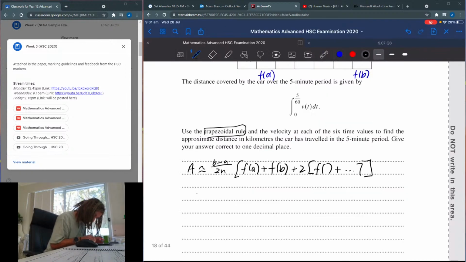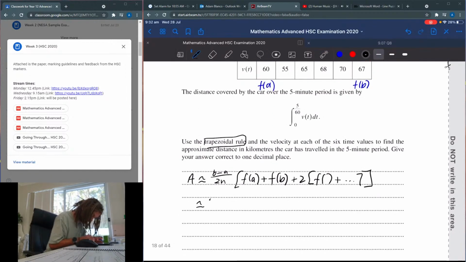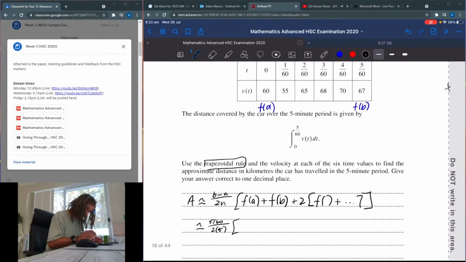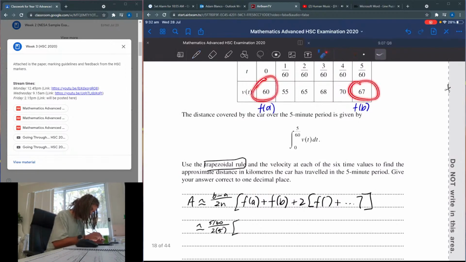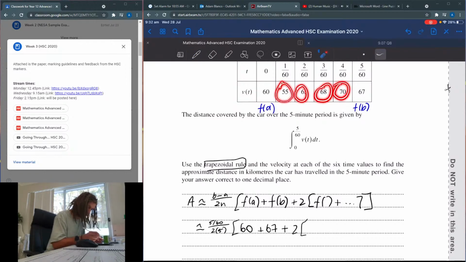So it's going to be b minus a, which is just 5 on 60, over 2 times n, so 2 times 5. It's given us the function values, so 60 and 67, and then 2 times the rest of the functions, which is this, this, this, and this.